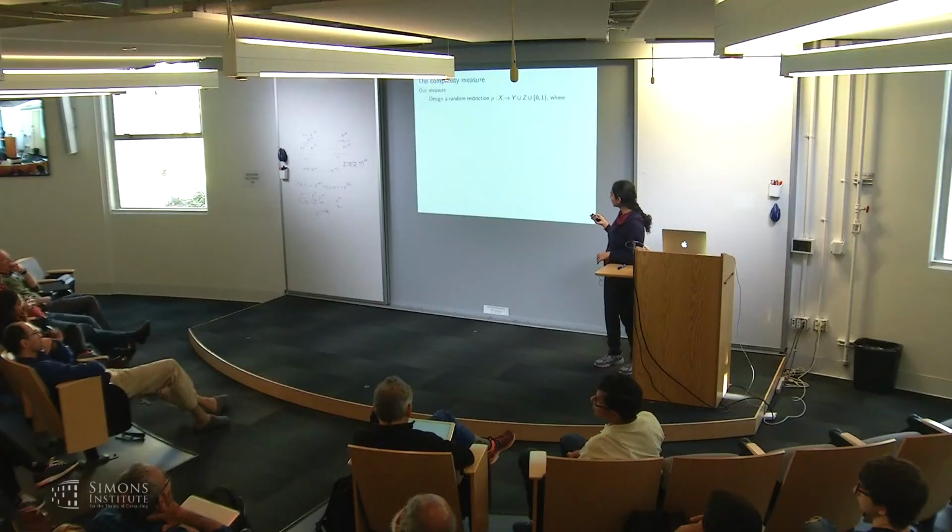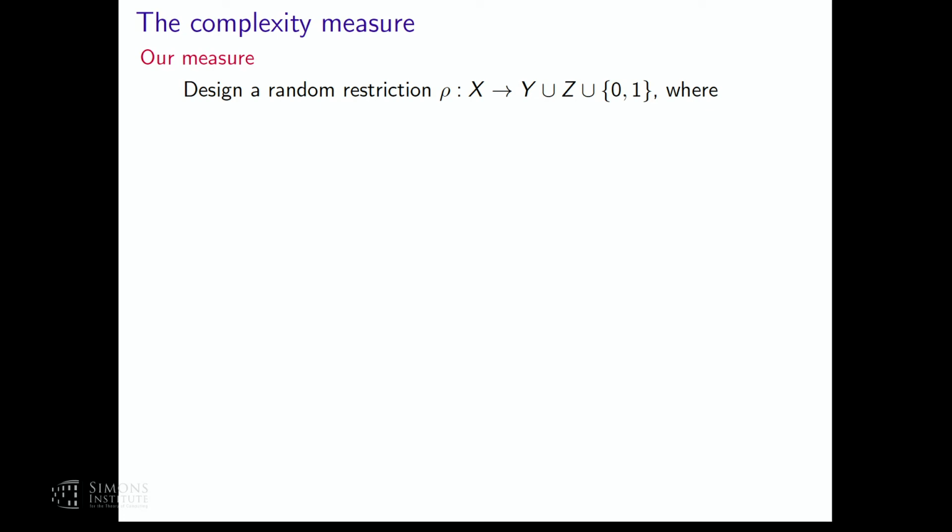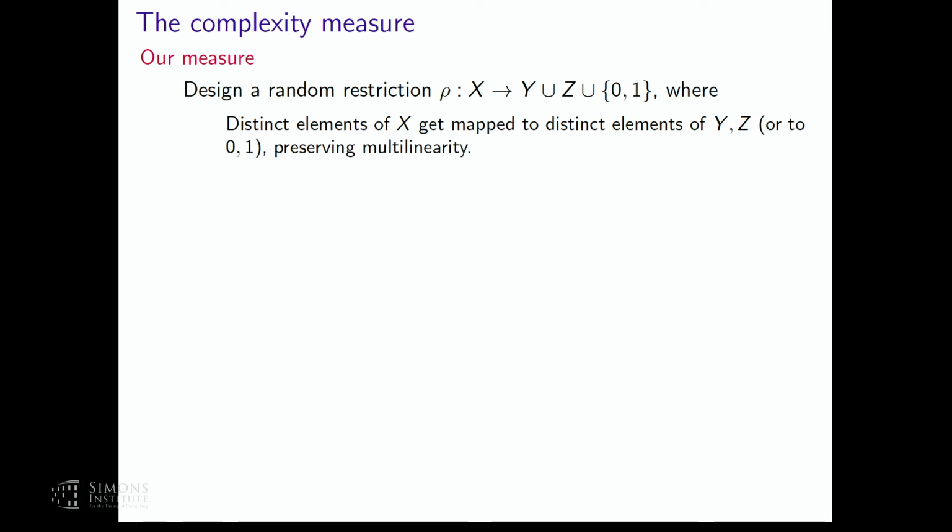Design a random restriction. So our measure is going to be a rank of a certain matrix. However, the matrix is obtained by first applying this operation. You do a random map from the set of variables that you have to two sets of variables y, z, and maybe some constants. Distinct elements of x get mapped to y, z, preserving multilinearity. This is something we'll need while working against multilinear circuits or formulas.